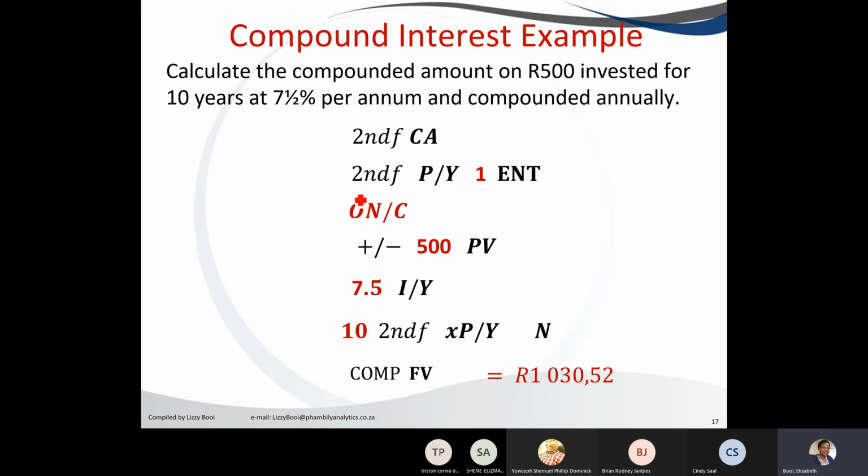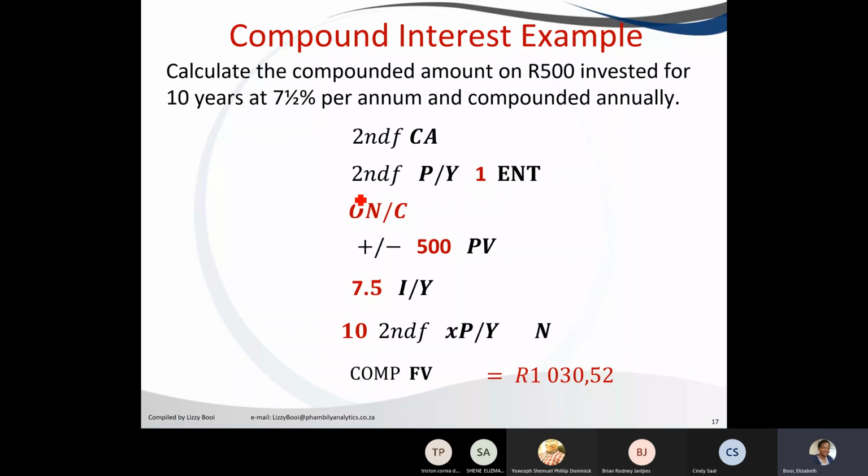Remember also, with your financial calculator, you do not have to divide by 100. You put the value on the calculator as you see it in the question. If it was 8%, you put in 8. Then you press I/Y. Then you press 10, which is 10 years. Second function, N, which is second function times P/Y.